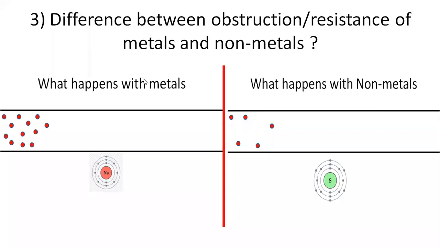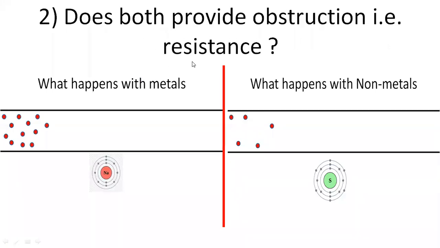Do both provide resistance? Okay, so both provided obstruction. Sodium also provided obstruction, sulfur also provided obstruction, correct? That means sodium also provided resistance and sulfur also provided resistance.